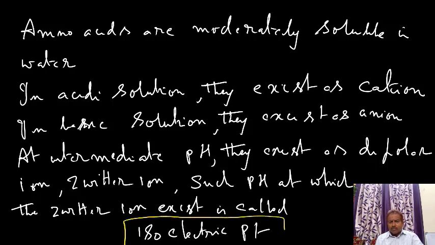So the isoelectric point is the pH where the amino acid exists as a Zwitter ion.